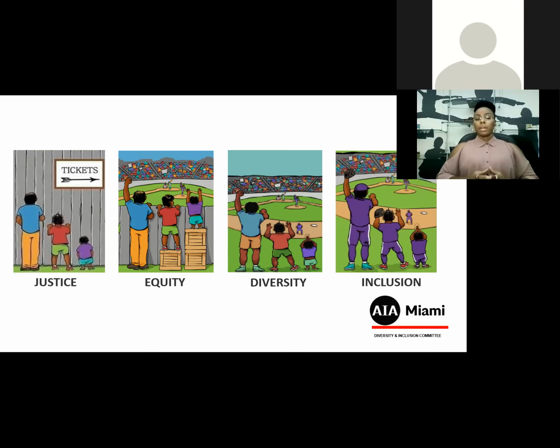Ideally, we want to then move to equity. What equity means is that based on your needs, we provide the services so that everybody has as equal an advantage as we can. So there's a difference between equity and equality. Equality means everybody gets the same. Equity means that based on your needs, some people may need more help, others may need less. However, the end goal is the same for everyone. Then we move towards diversity.